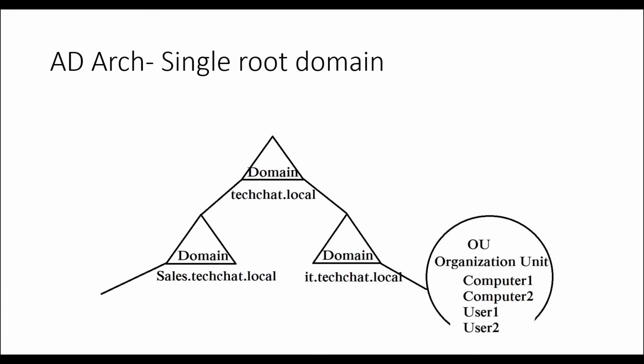Remember that we can have an organization unit even under our root domain. Here I have created the organization unit under the it.techchat.local child domain, but we can have an organization unit under techchat.local also. So remember that. So this is a simple diagram to explain this. Simply, an organization unit is a logical entity which includes the computers and users of the domain.